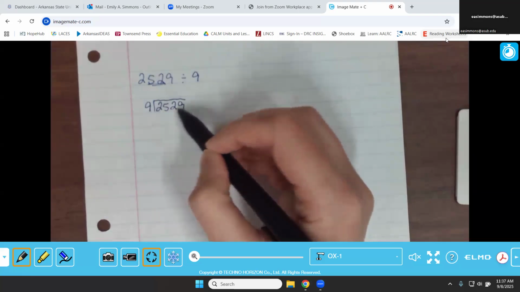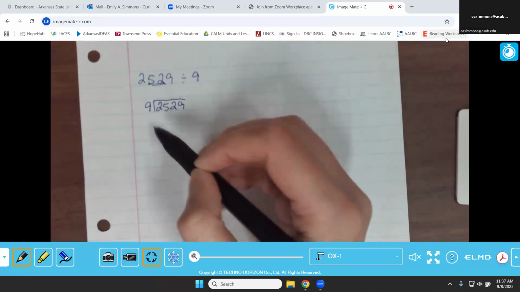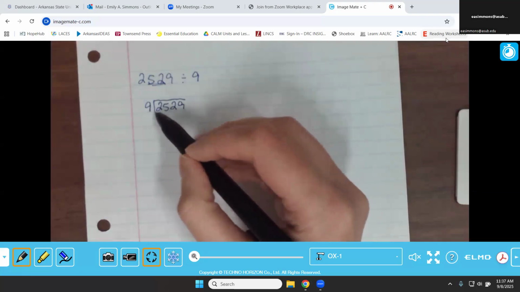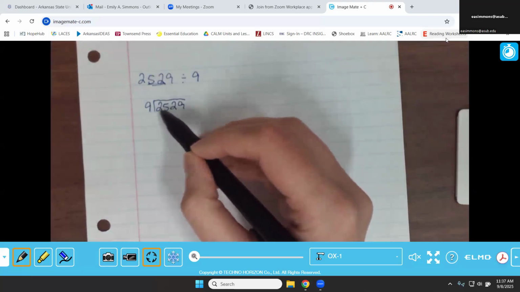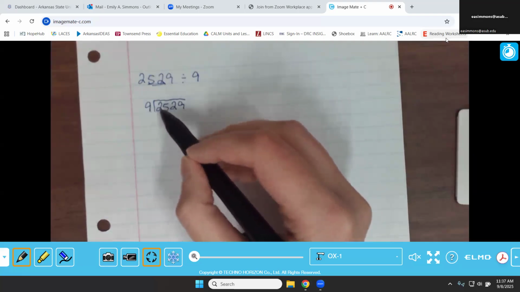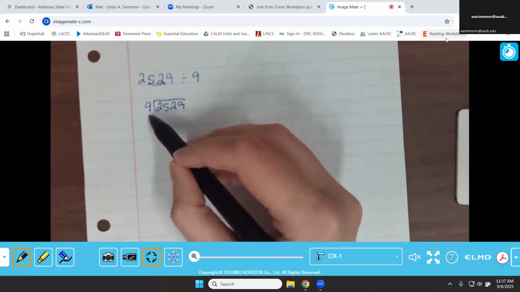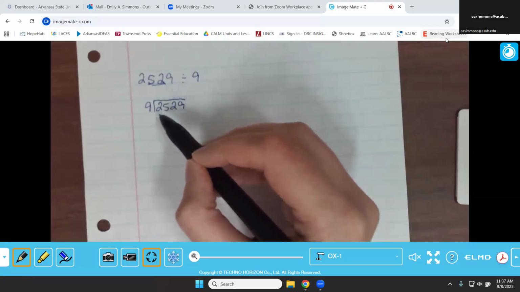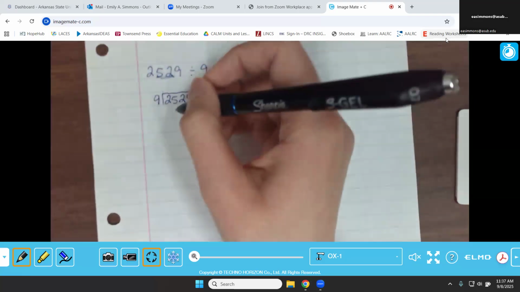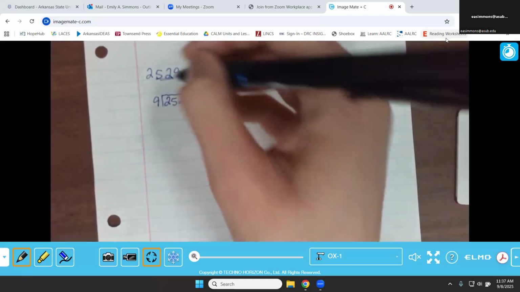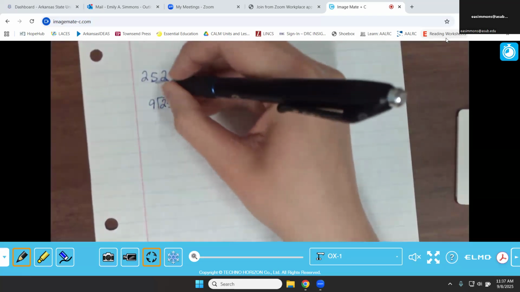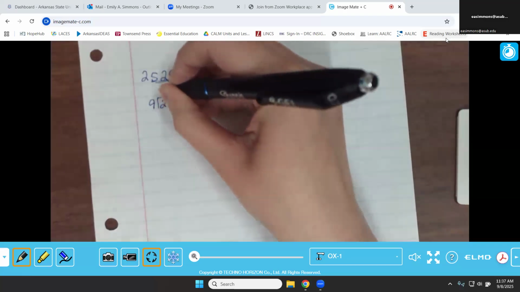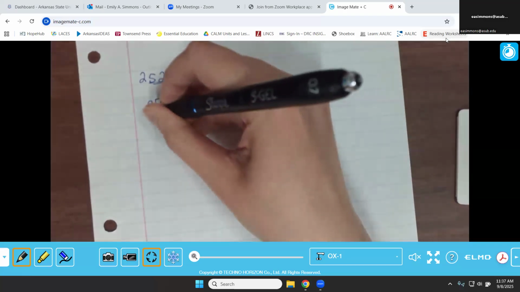So I start by looking at every number, comparing my outside number to that. So first off, I'd say, can 9 go into 2? No, 9 can't go into 2. So then I look at 25. Can 9 go into 25? And it can. It goes into 25 twice to get 18.